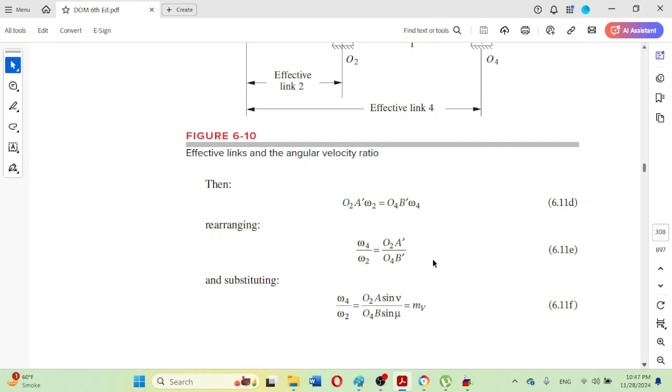So this is one way of calculating the angular velocity ratio.